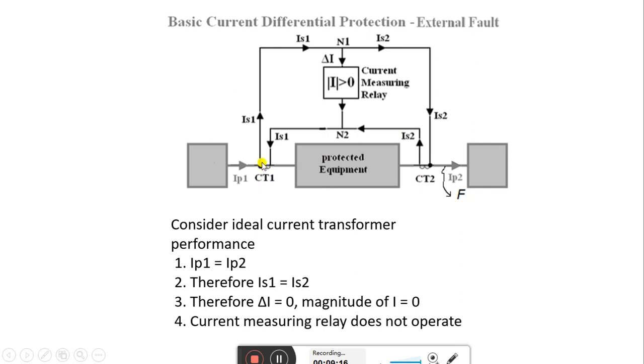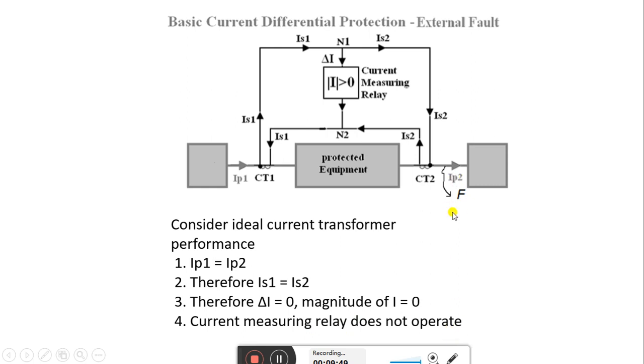If IS1 is equal to IS2, therefore delta I will be equal to 0, because the difference IS1 minus IS2 is 0. It means delta I will not flow through this current measuring relay. So magnitude of I will be equal to 0. Hence the current measuring relay does not operate.